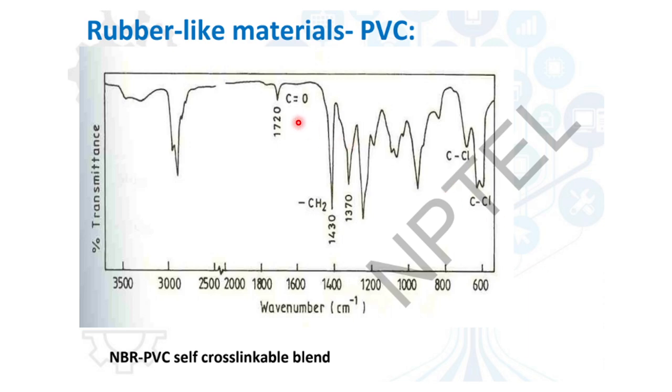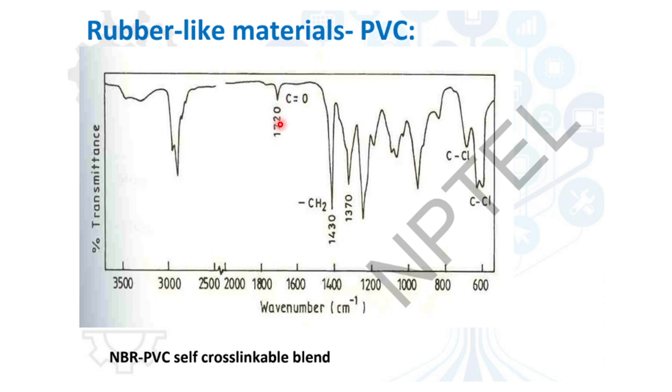This is a PVC type material. You see there is also splitting here. That is because of the different coupling, and it happens when there is a heteronuclear bond, C-Cl. In the earlier case it was silicon and carbon. Here it is C-Cl. Now what are the other corresponding characteristic peaks?